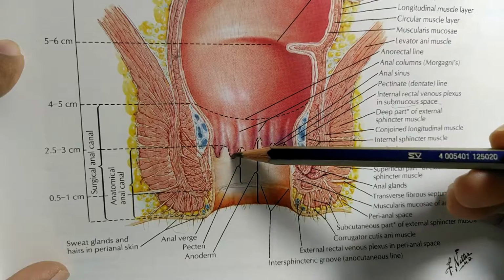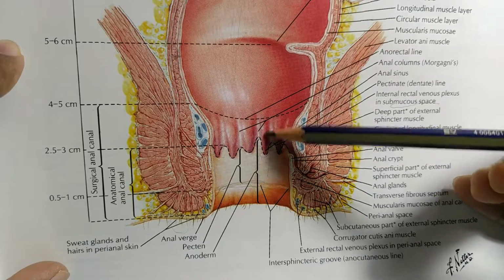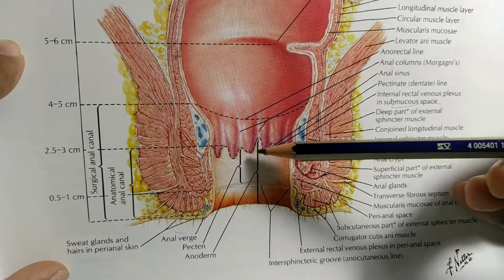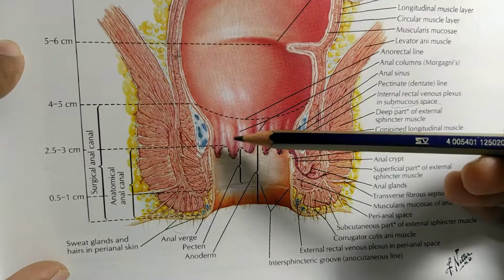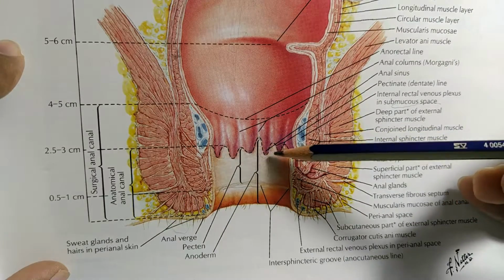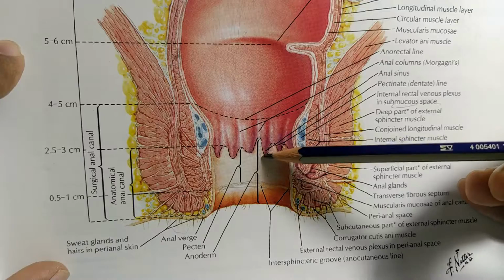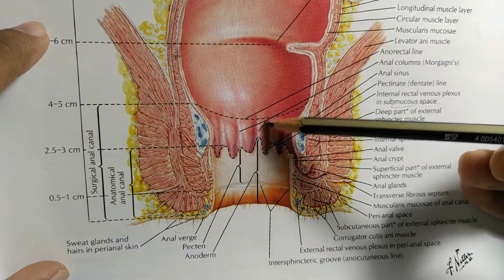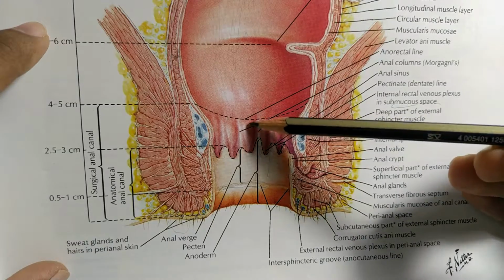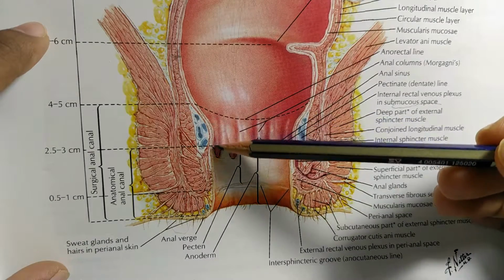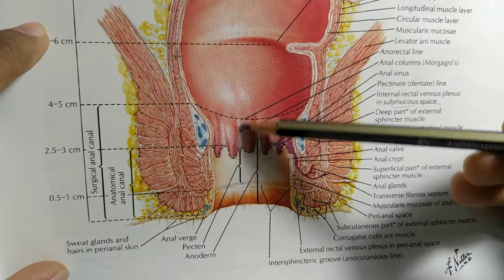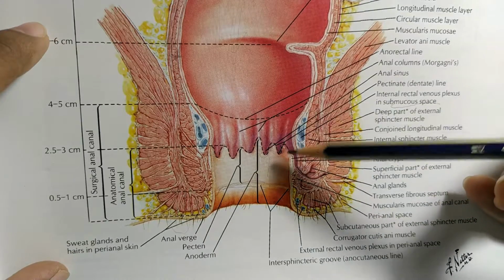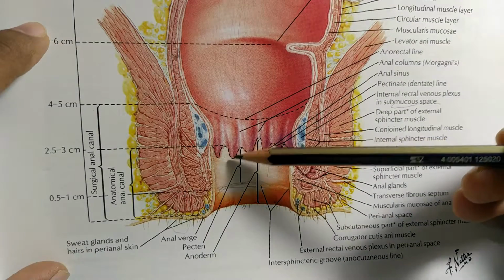You can see there are multiple folds which are dented in manner. The folded portion is called the anal papilla, and the long folded portion is called the anal column. So these are the anal columns, and the top of the anal column is called the anal papilla.